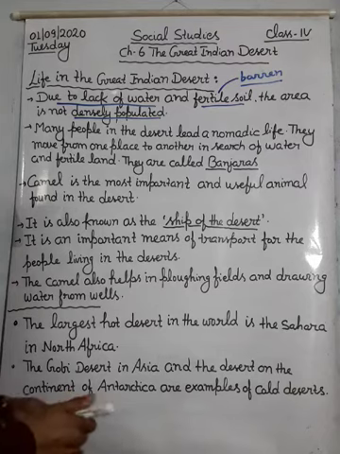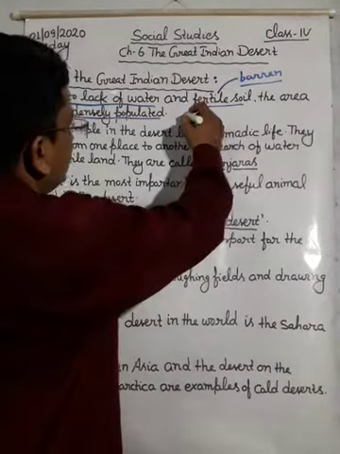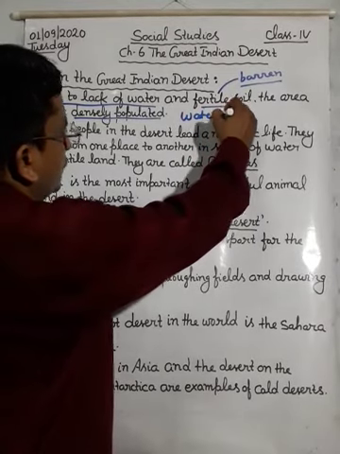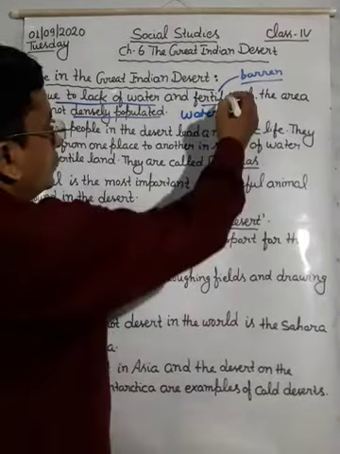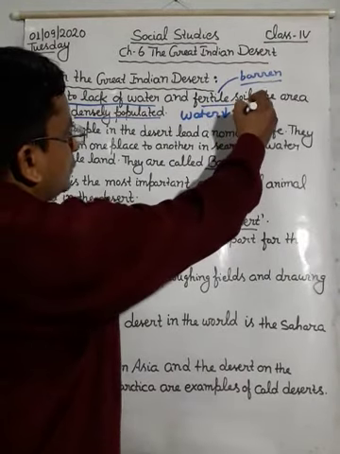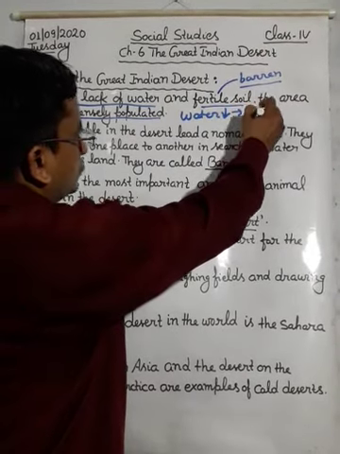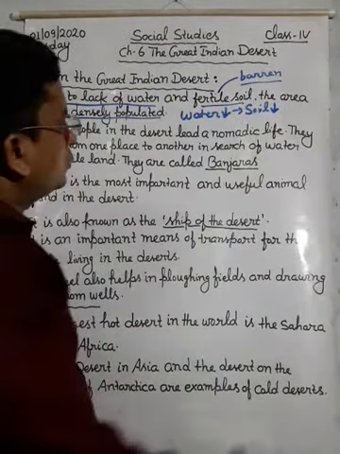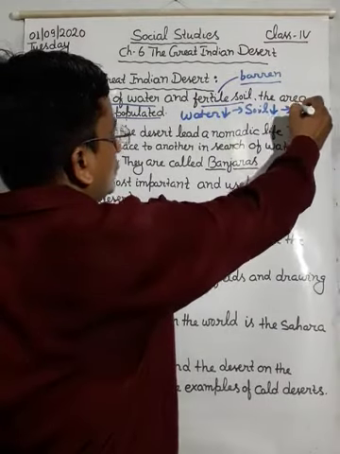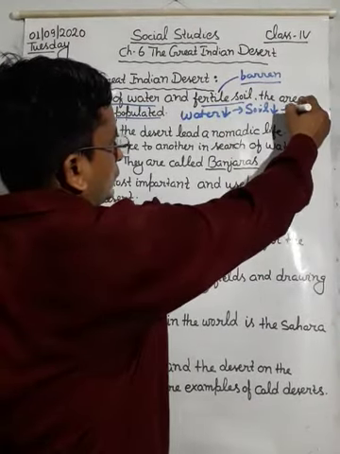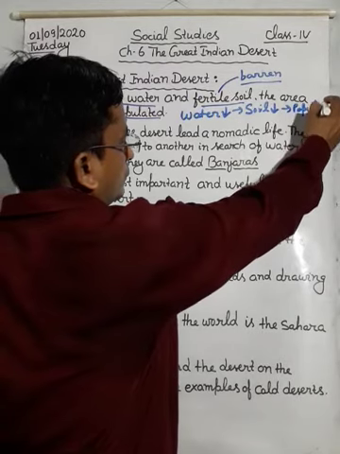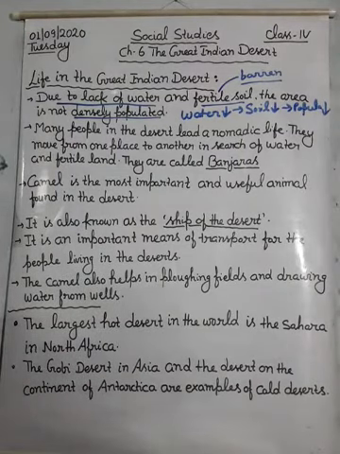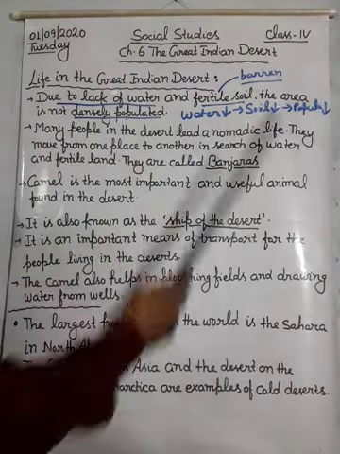You can see that the water condition is not good, as a result the soil condition is also not good, and the population will also not be dense.